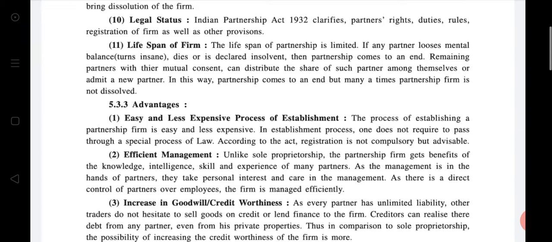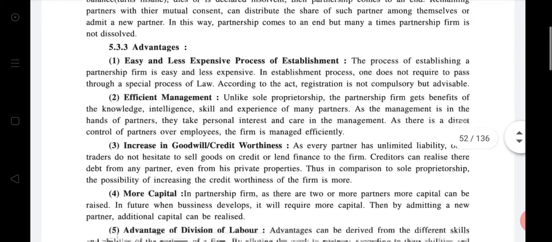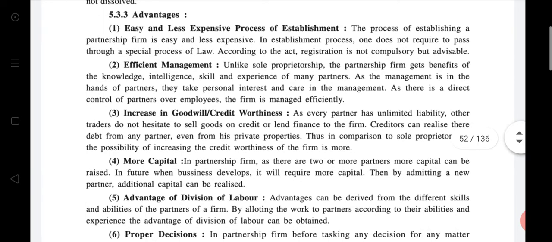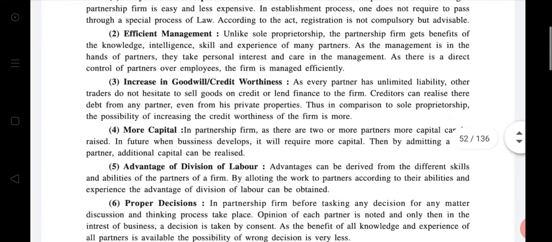Okay. So till here we finished in lecture number 3, and in lecture number 4 we did the revision and detailed explanation of the advantages of partnership firm. So now we revise the advantages of partnership firm with important points. First, easy and less expensive process of establishment. Then efficient management, because there are many partners with knowledge, intelligence, skills, experience.